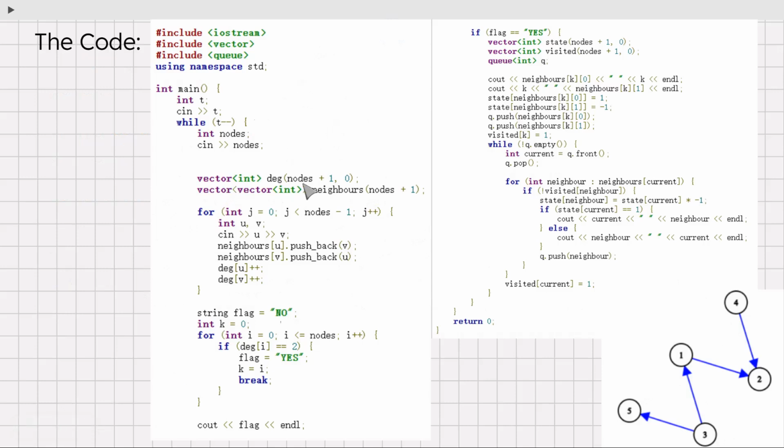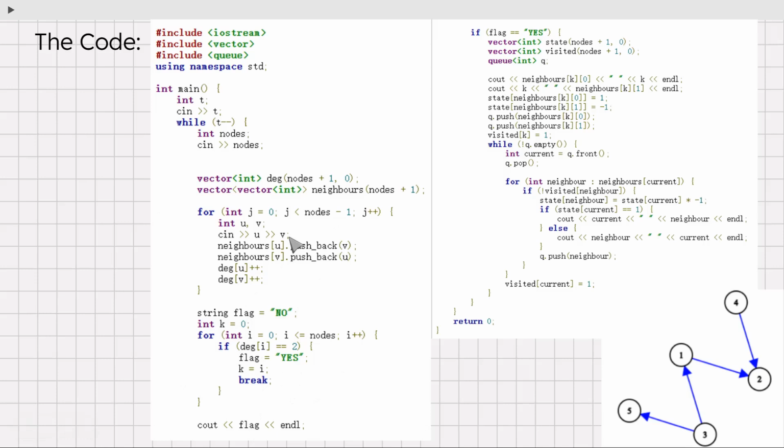To do that, we simply iterate through the degrees vector and see if there is a node with exactly degree 2. If there is one, let's say node I has a degree of 2, then we stop. We can take node I as the root node, and everything else starts from root I. We can break, and we know that it is possible.